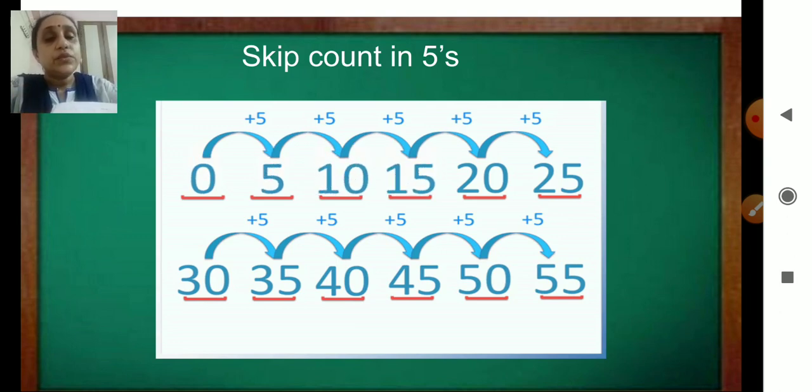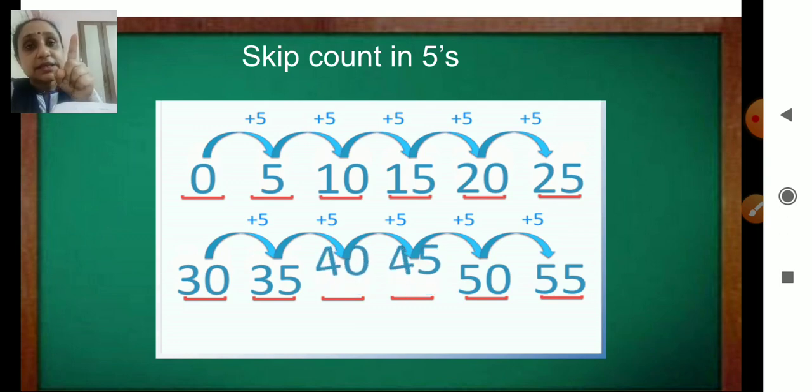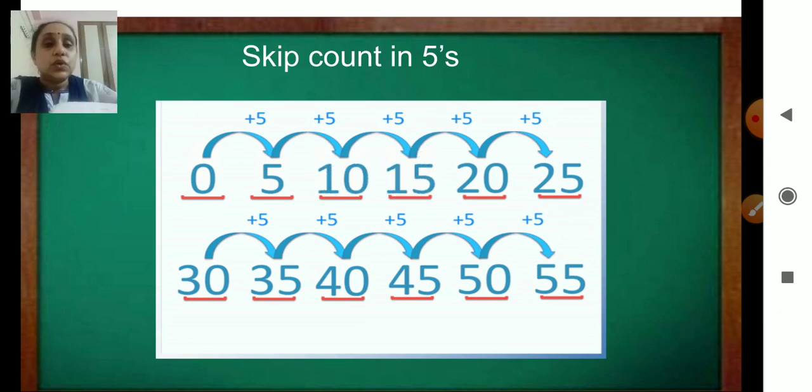Okay, so after starting from 0, again plus 5, 0 plus 5, 5, then again from 5 to 10 how will you reach? You can count on your fingers also. After 5, 6, 7, 8, 9, 10. Okay, so plus 5, like this we can do the skip count in fives.